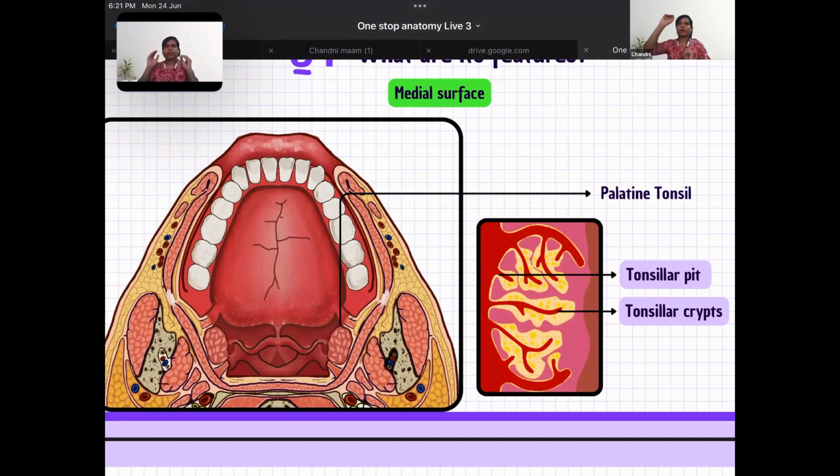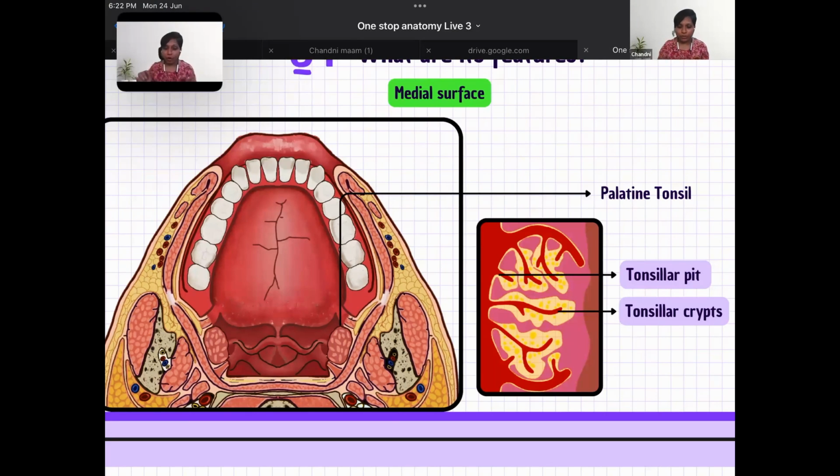So if you remember, you write upper pole facing the soft palate, lower pole facing the tongue. One line you write in your paper, more than enough. Next, medial surface, lateral surface. Medial surface faces the midline, faces the oral cavity, therefore lined by the epithelium of the oral cavity, which is called stratified squamous epithelium. Done.